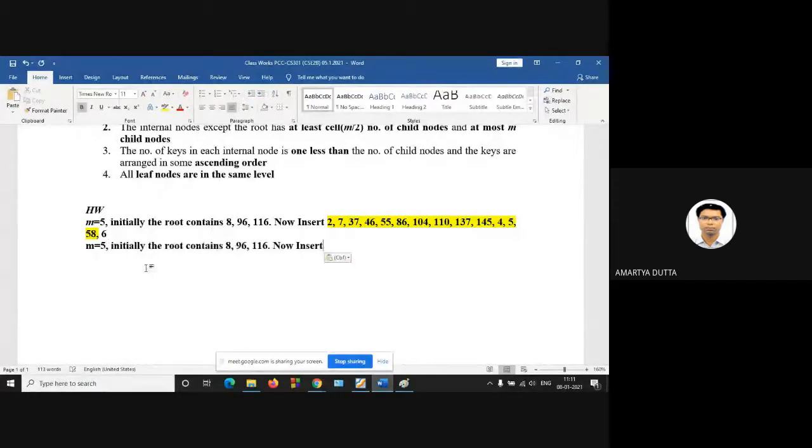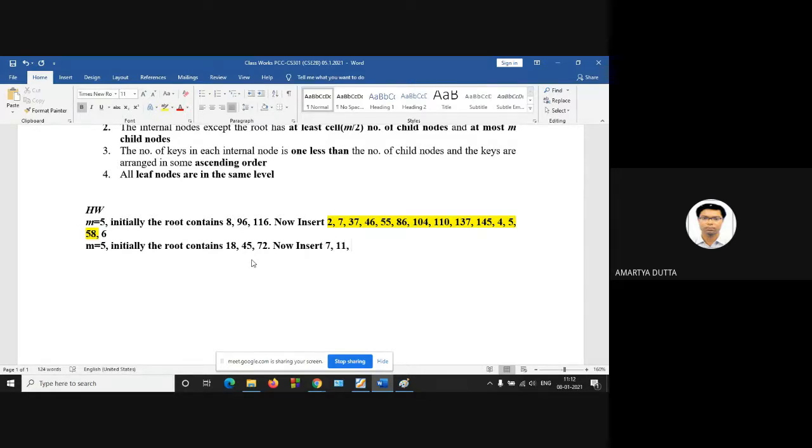Initially the root contains 18, 45 and 72.